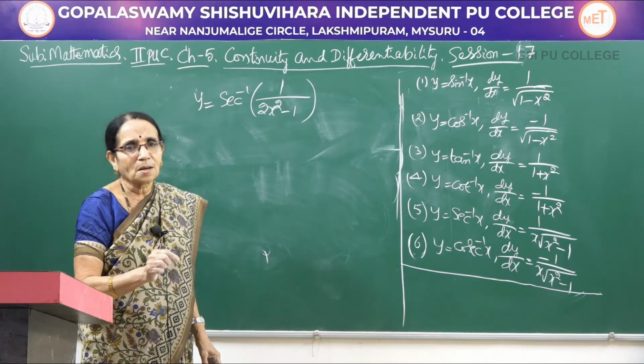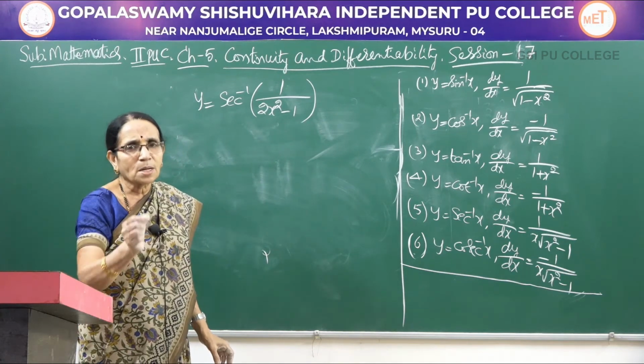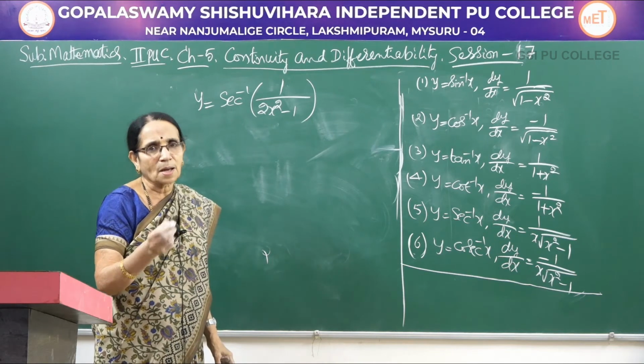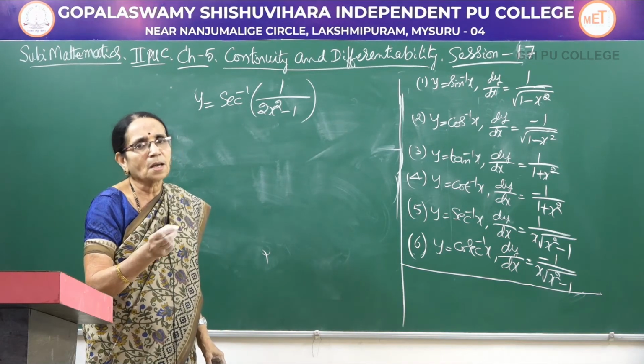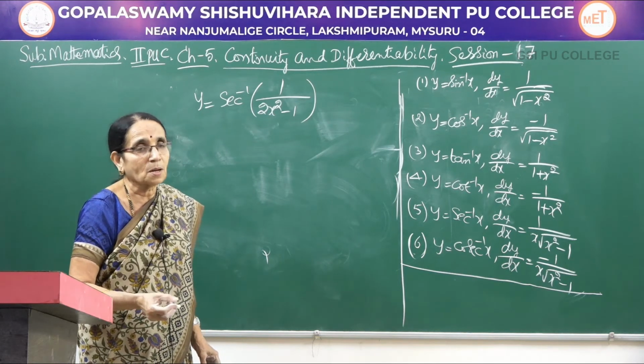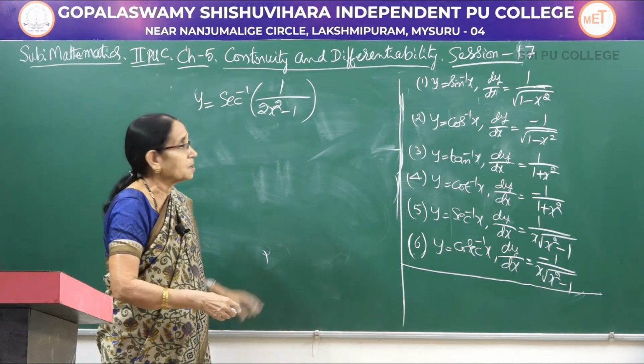You have to decide looking at the terms that have been given in the problem. One hint I gave in the previous problem: 1 plus x square, take tan theta; x square minus 1, take secant theta; 1 minus x square, sin theta. These are preferable. Now 2x square minus 1, here that is different.